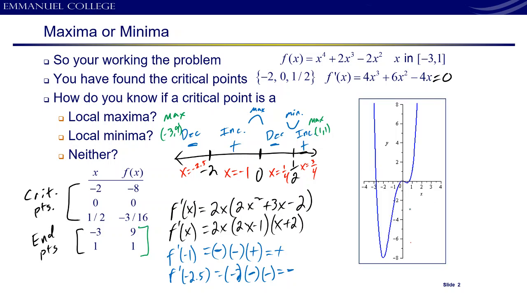It is a little bit easier to tell because going from 9 to negative 8, that would have to make 9 a max, negative 8 a min. But this is just the thought process behind how you determine: is it a max? Is it a min? Is it neither?